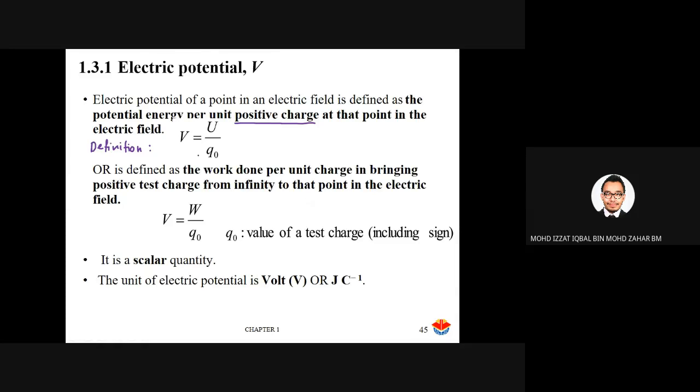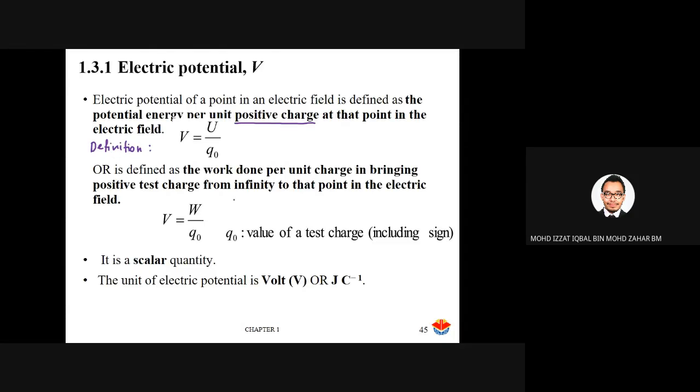So the second one is a little bit longer, but it still explains the same thing. Cuma satu ni V equals U over Q naught, and this one is V equals W over Q naught. Biasanya kita pakai yang bawah ni, yang atas kita kurang sikit pakai. W over Q naught means work over Q naught.